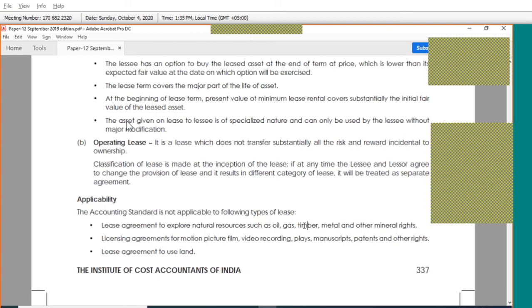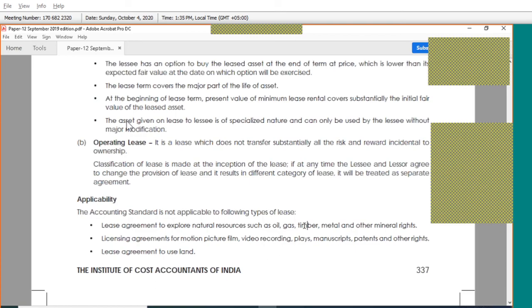Operating lease means it is not a finance lease. That means risk and reward is not transferred, then it is an operating lease.